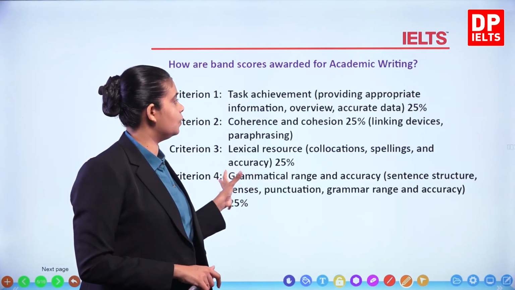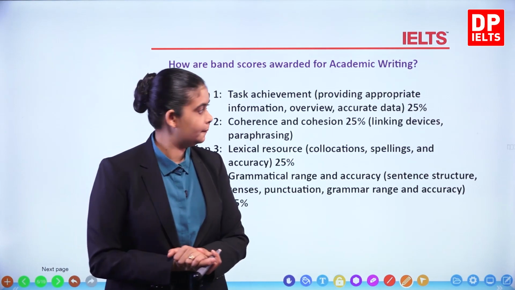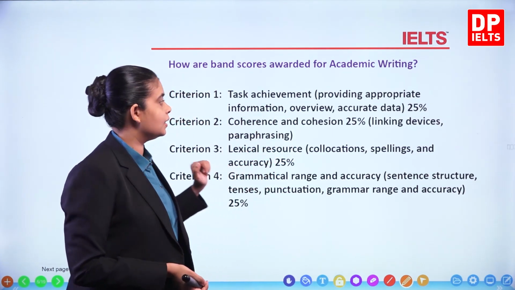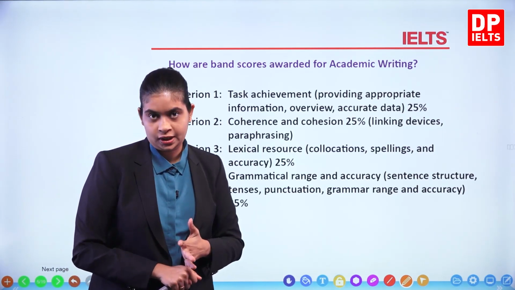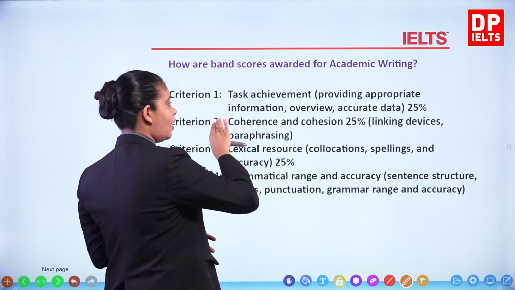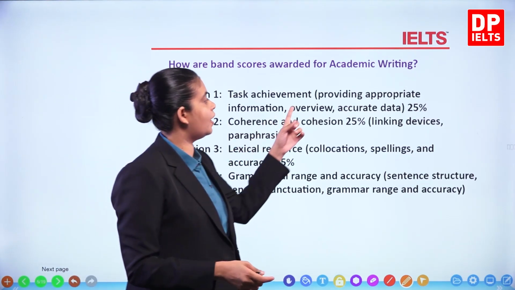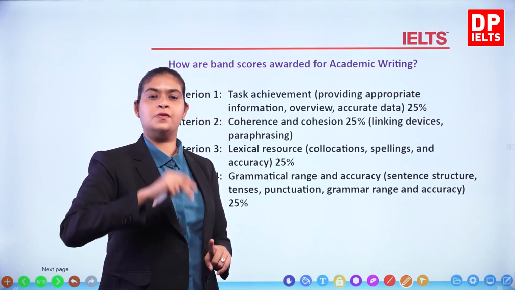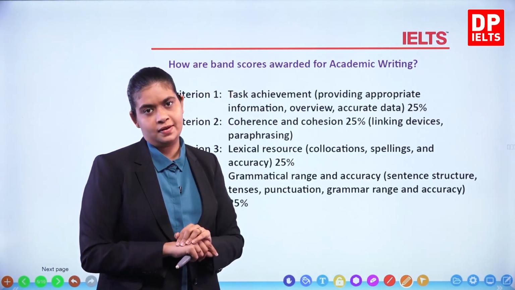So let's have a look at what these individual marking criteria mean. Now, task achievement means that obviously you have the necessary word count. Apart from that, you provide the relevant information. You provide accurate data along with the specific structure of the intro, overview and the body paras.